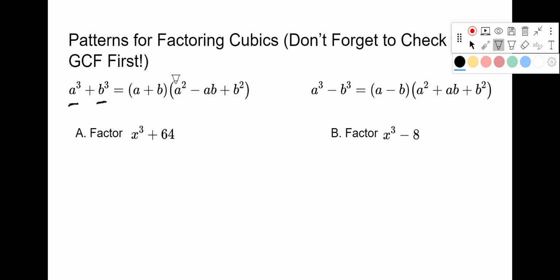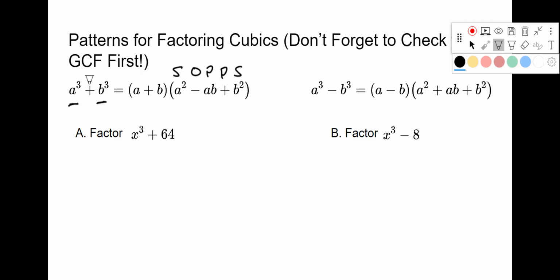Now, this second factor follows this pattern: SOPPS. So it stands for the square of a. Take a, find out what it is, and square it. Use the opposite sign from the one that's given to you.